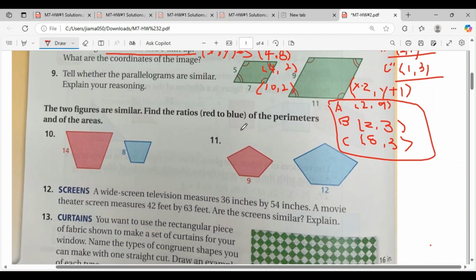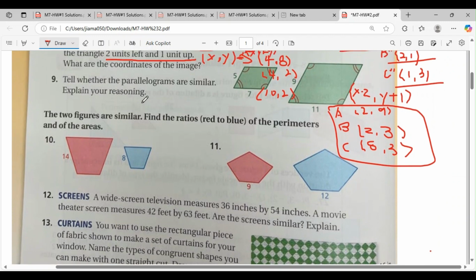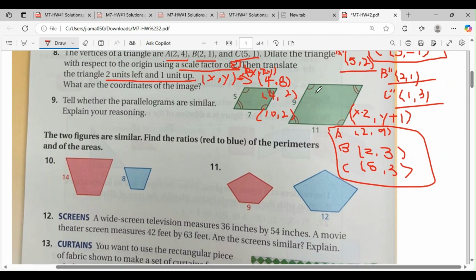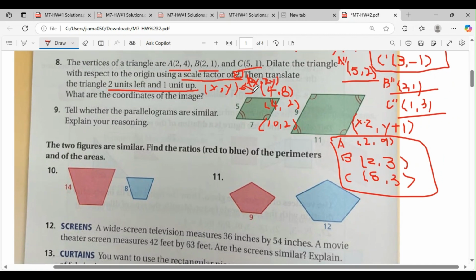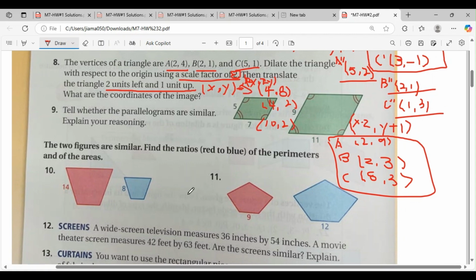Number 9. Tell whether the parallelograms are similar. Explain your reasoning. Okay, let's see. These are the two graphics. This side is 5 and this side is 9. This side is 7 and this side is 11.